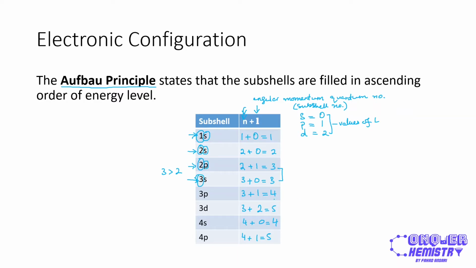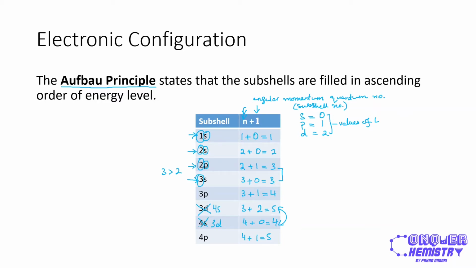Now over here you can see that these two need to be swapped in the list. So we know that 4s is a subshell with a lower energy level and 3d has a higher energy level because of the difference in their sums. And then once we replace these, once instead of 3d I write 4s over here and then I write 3d over here in the correct order, their sums are swapped as well.